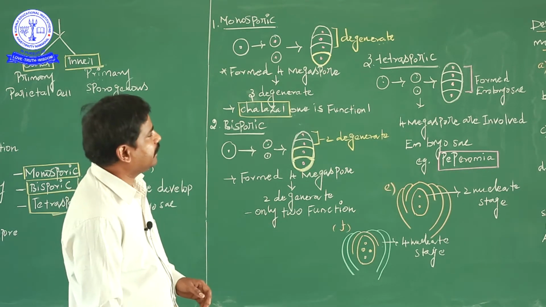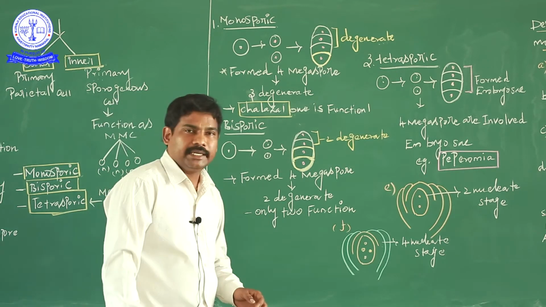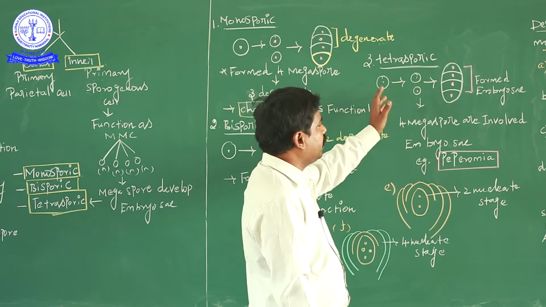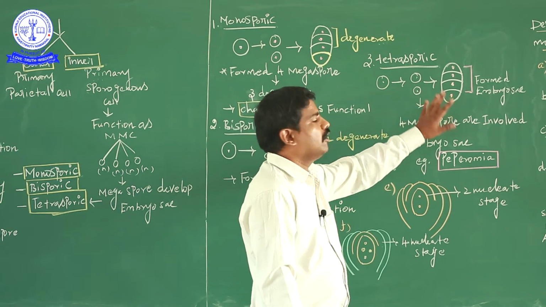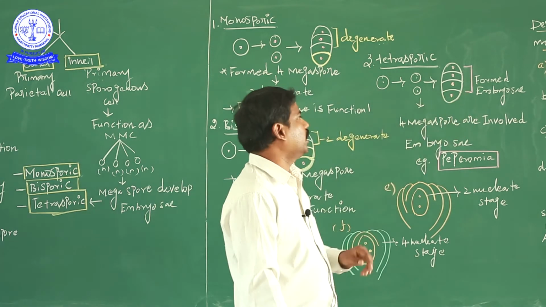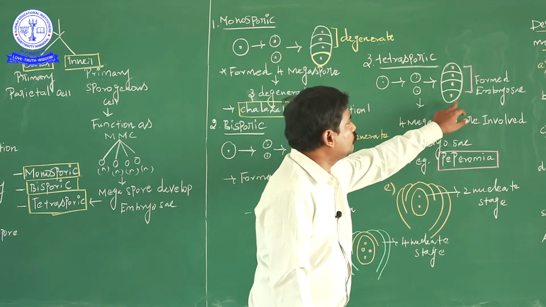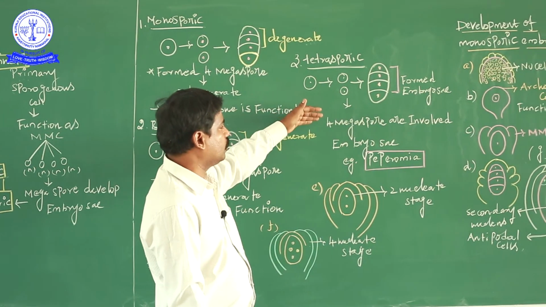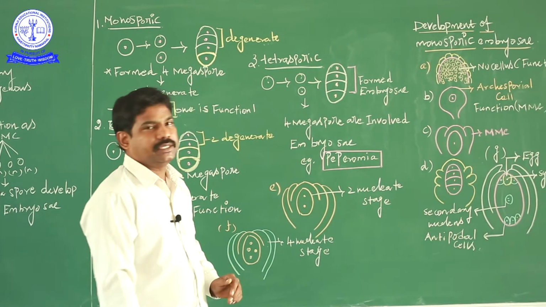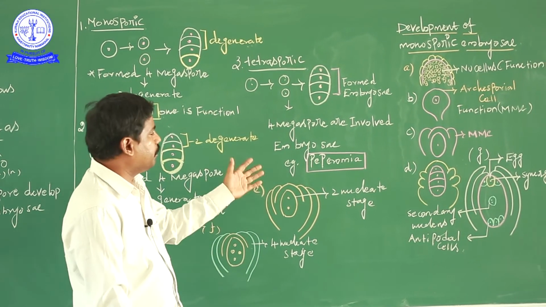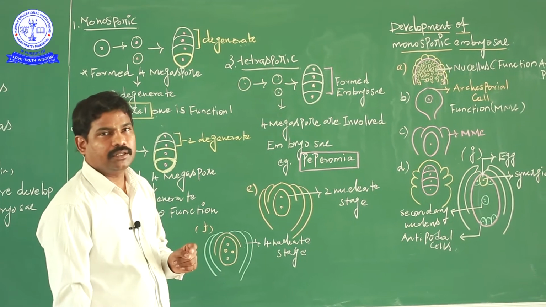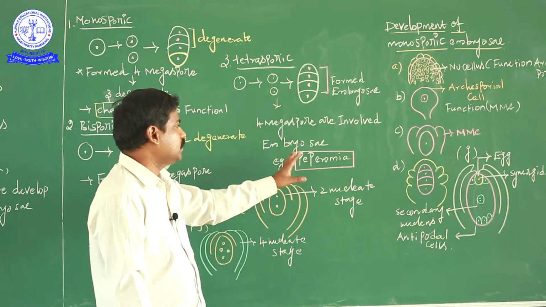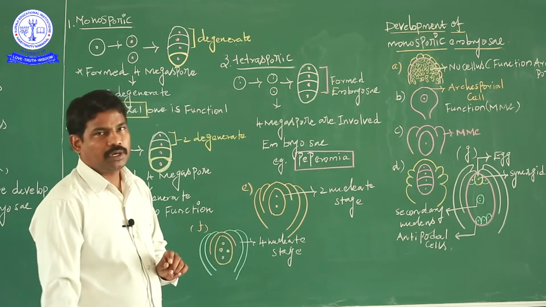Then the tetrasporic embryo sac, where tetra means 4. All 4 cells are totally involved in forming the embryo sac. All 4 megaspores are involved in embryo sac formation. The best example is Peperomia. This is the best example of Peperomia, and it is a question that is often asked.